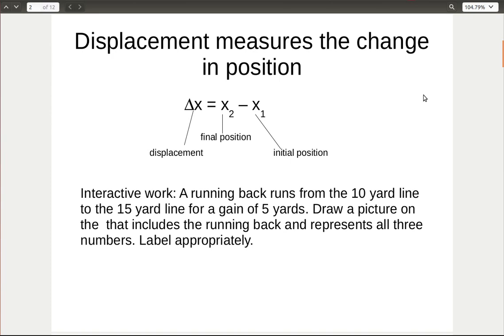And then displacement, which we represent typically with a delta x. That triangle is the Greek letter delta, and we usually have it mean a change. So in this case, the difference between the final and initial position. Okay, these are typically in standard units measured in meters, although it can be measured in yards or inches or furlongs or parsecs or whatever.